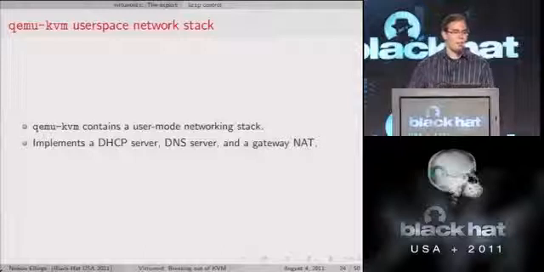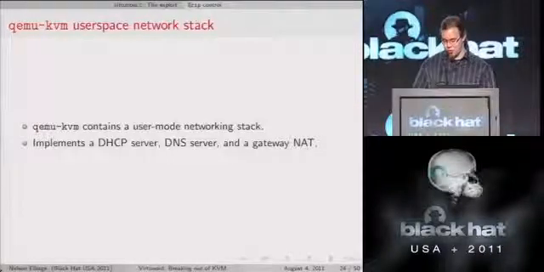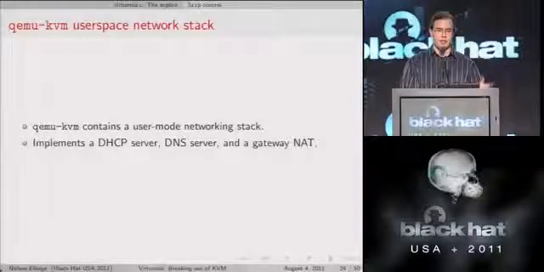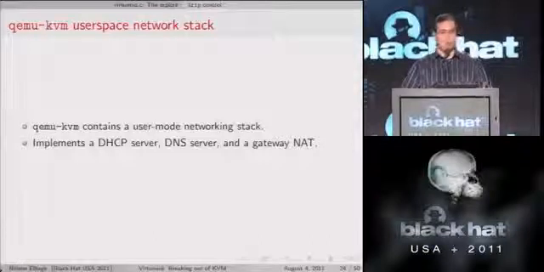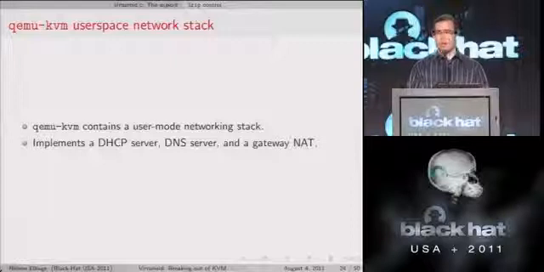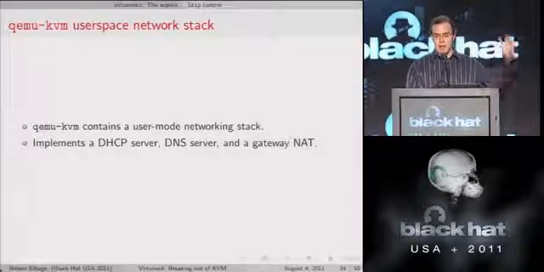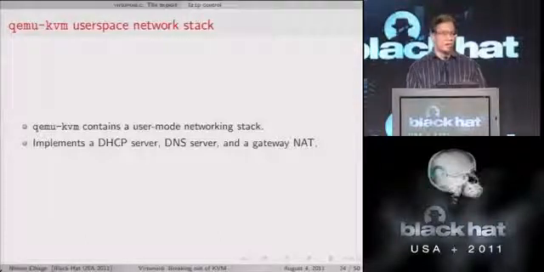QEMU contains a user space virtual network stack that can be used to give your guests network without any special privilege, without needing bridge devices or tap or any of that. So this works by implementing a whole virtual LAN inside the QEMU KVM process, including a DHCP server and a NAT that gives you a NAT gateway to access the outside world, a DNS server, etc.